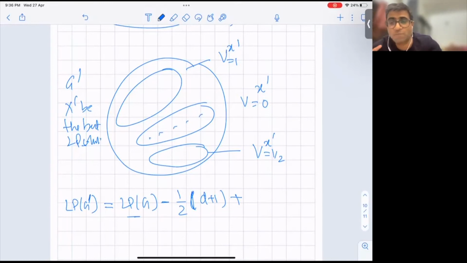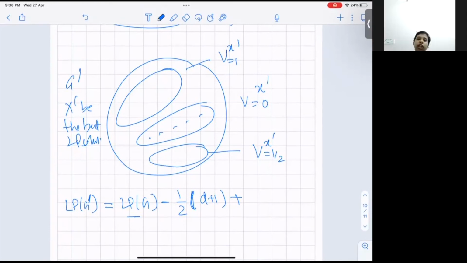So they lost how much? They lost their half. Everybody in G has been assigned half, and now V0 lost its half. So how many halves did we lose? The cardinality of V0. Okay, excellent.